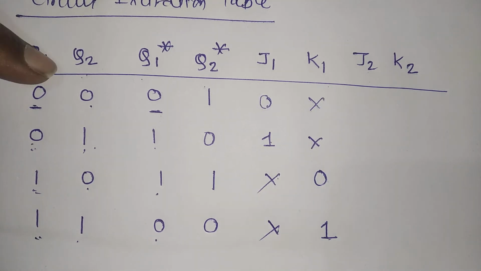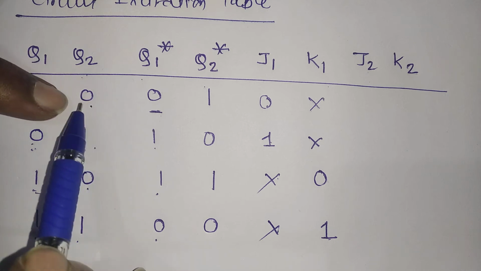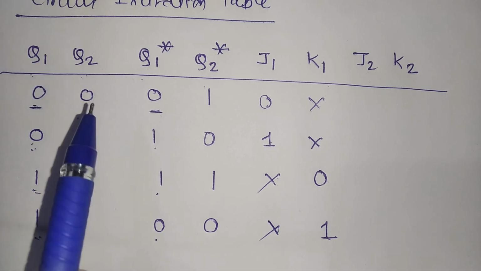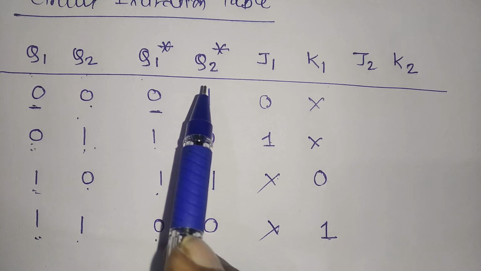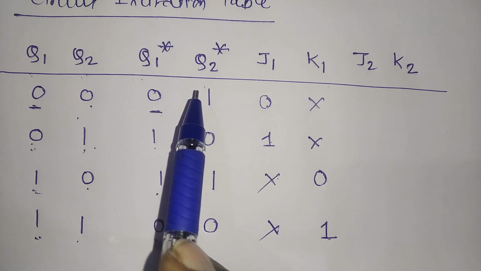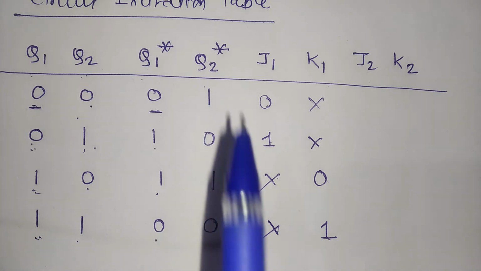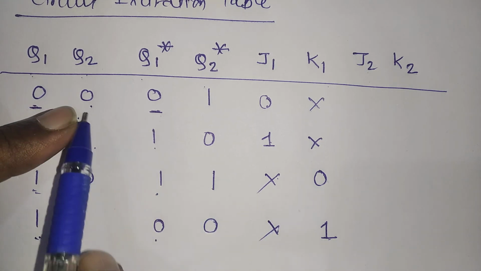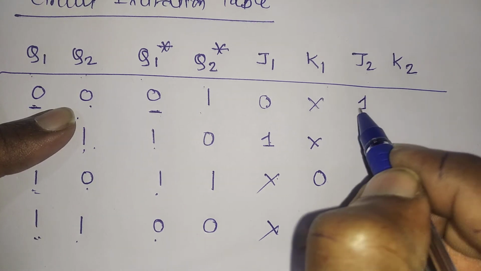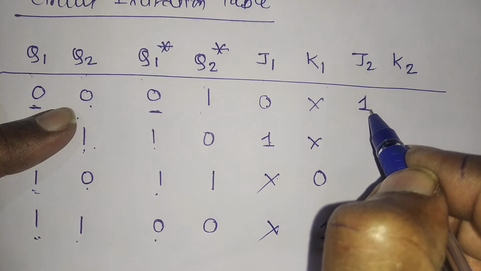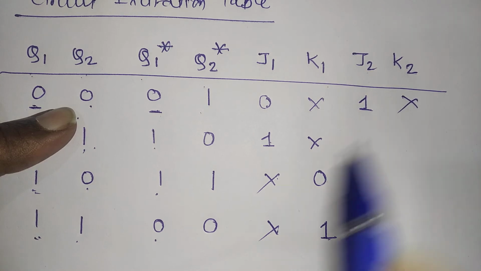Now we will take the Q2 output. Q2 is the present state and Q2 star is the next state. Now for 0 1, by using the excitation table, J is 1 and K is a don't care.